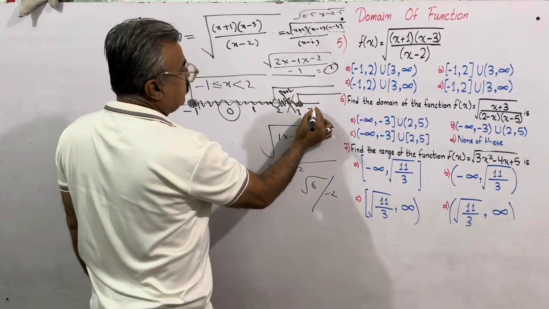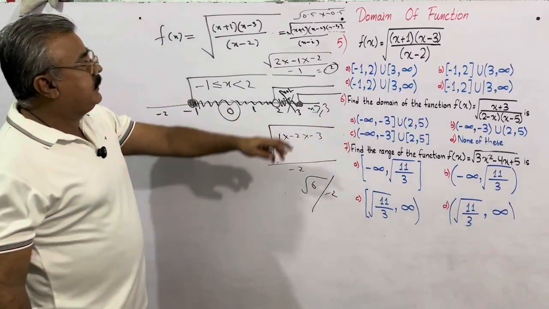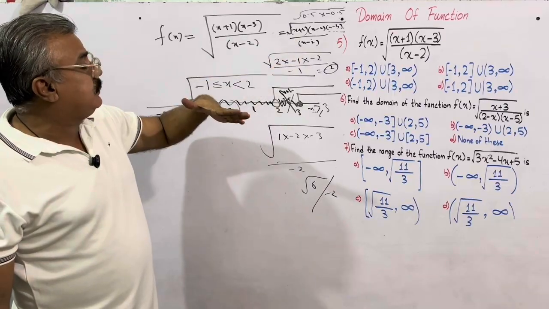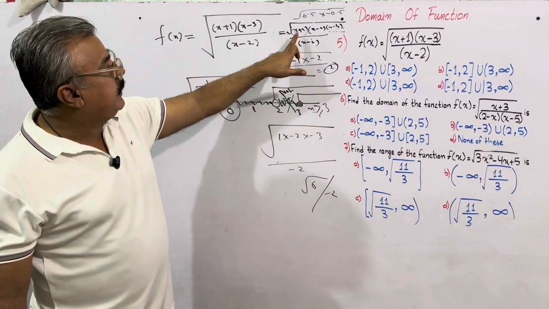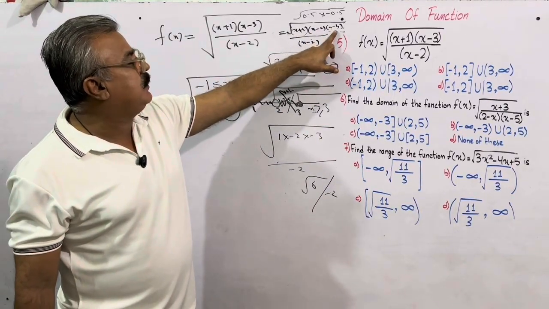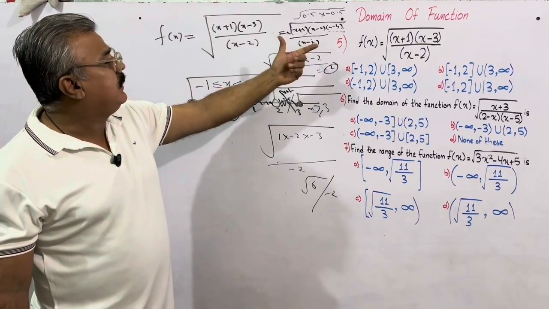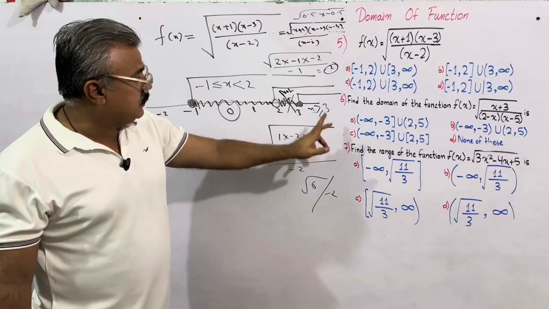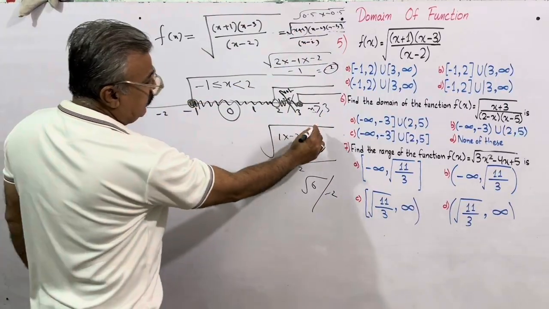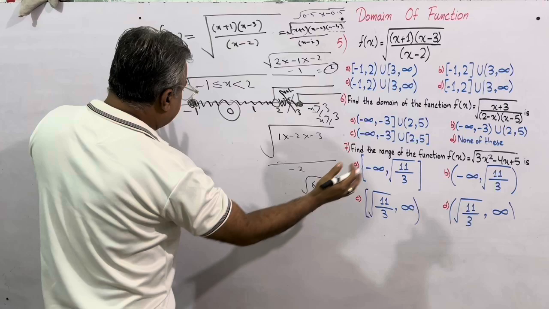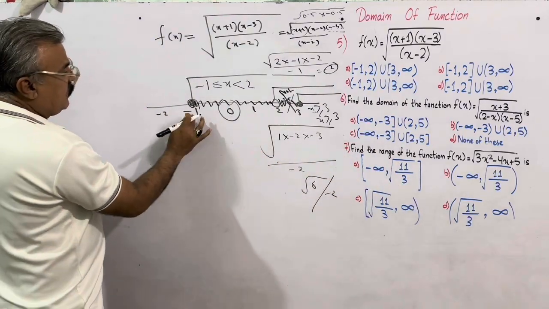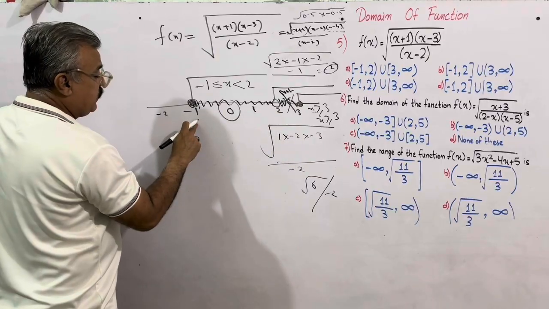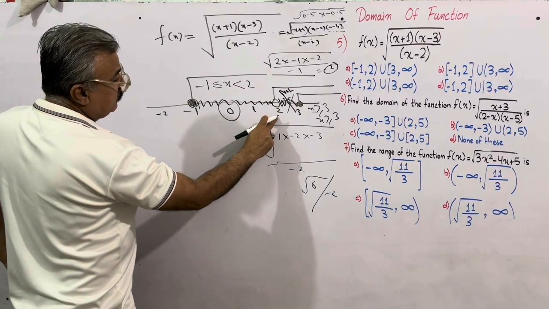And x greater than 3, it's safe to be taken. Why? Put x is equal to 3 or greater than 3. If x is equal to 3, it is overall 0, a real valued function. If I take 4, it is positive, it is also positive. The denominator does not matter whether it is positive or negative, it's okay, we only have to check that it is not 0. So it is safe to take x greater than or equal to 3. Now reconcile all these facts: from minus 1 to 2, minus 1 including, 2 excluding.